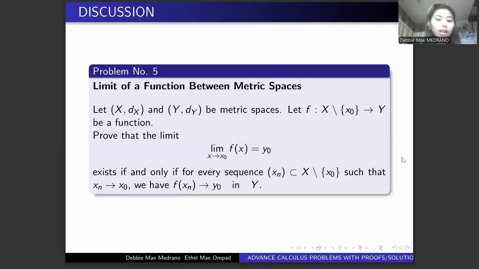So, number 5, limit of a function between metric spaces. Let (X, d_X) and (Y, d_Y) be metric spaces.